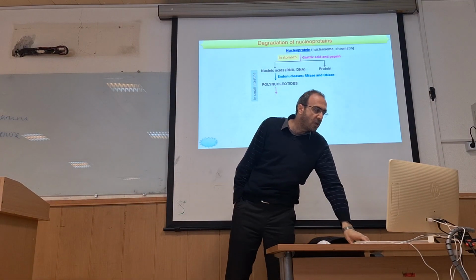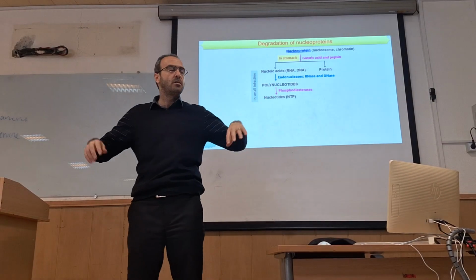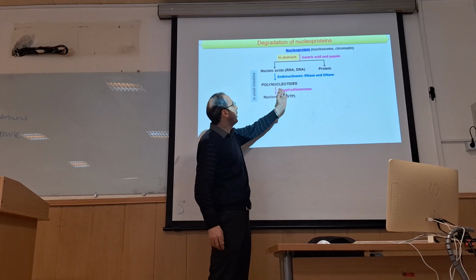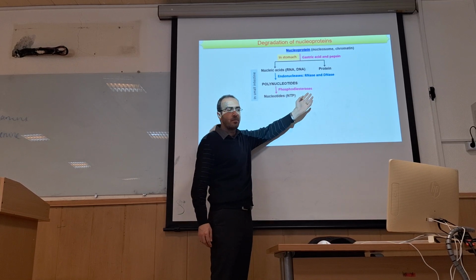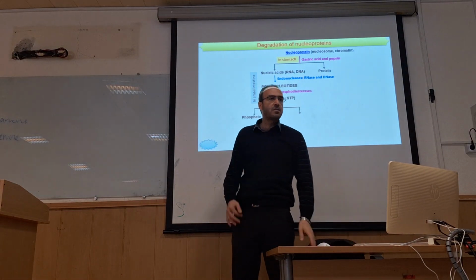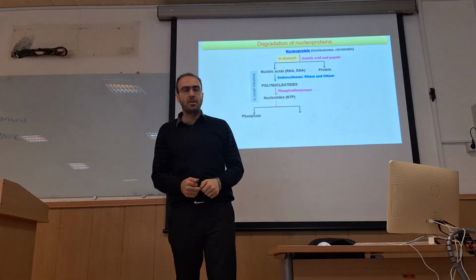Then we cut this polymer into nucleotides by phosphodiesterase. So a nucleotide consists of three parts: phosphate, sugar, and nitrogenous base.